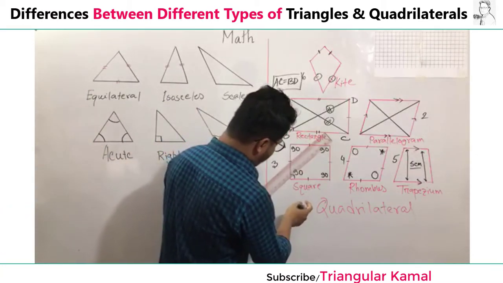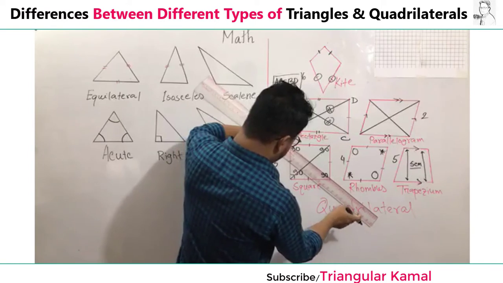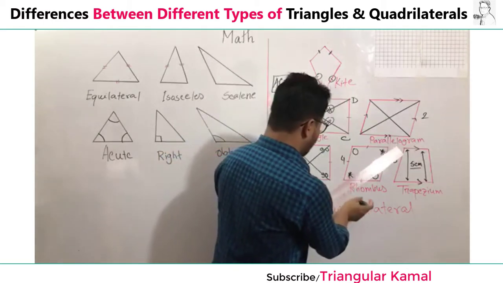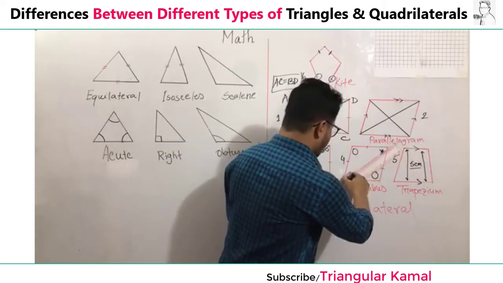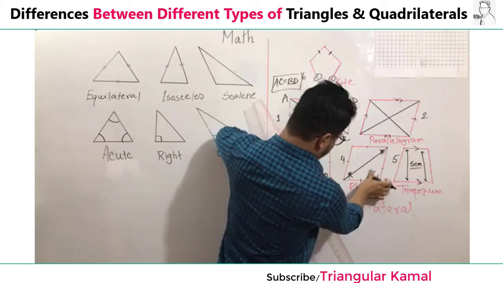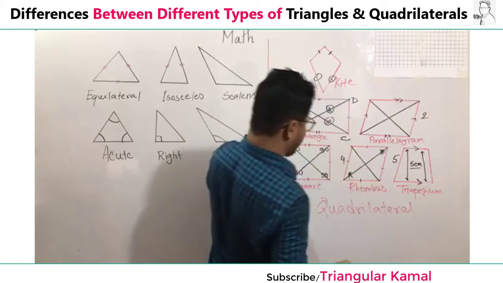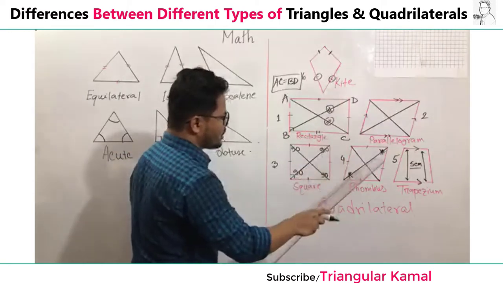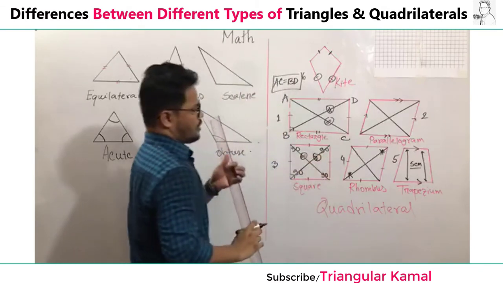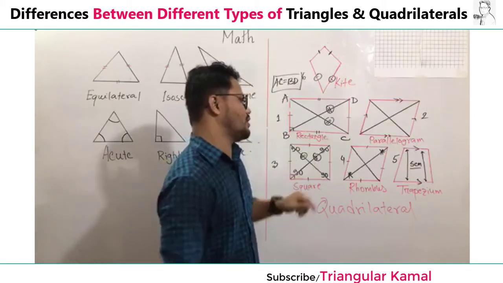If you draw a diagonal here, the two diagonals of a rhombus are not the same, but the two diagonals of a square are always the same.